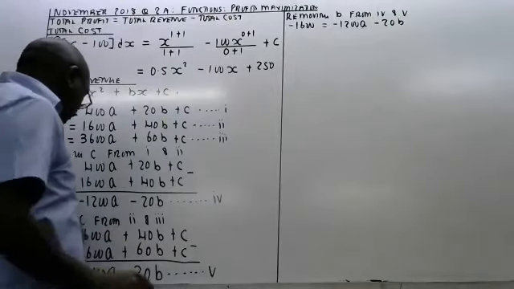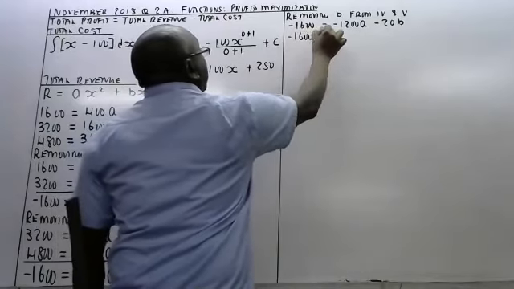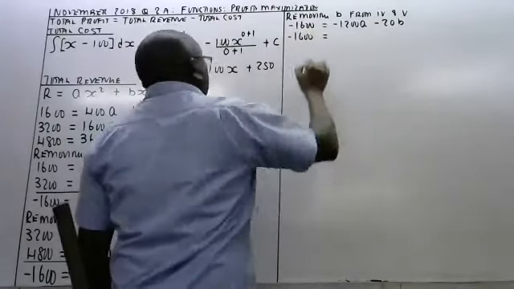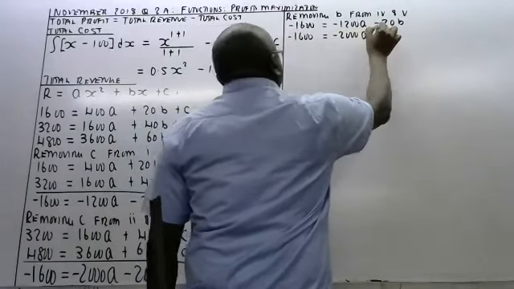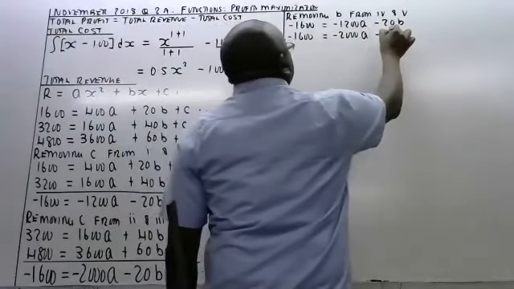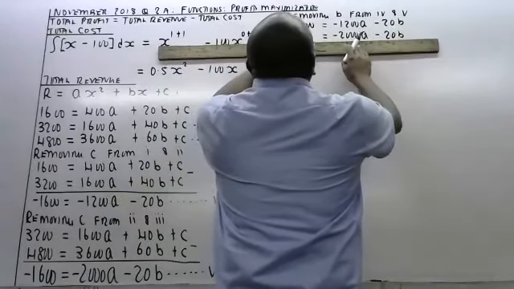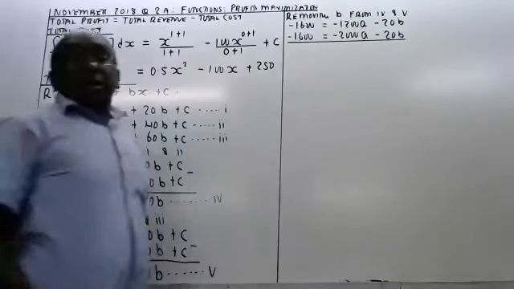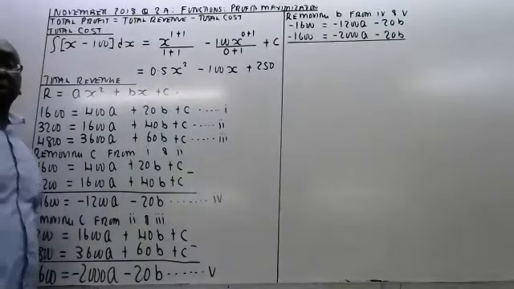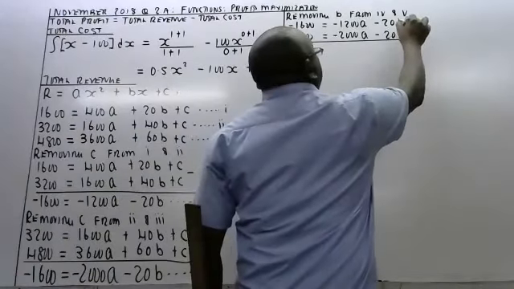Then I bring this other one, minus 1600 being equal to minus 2000A minus 20B. So in order for my B to disappear, I will have to subtract.